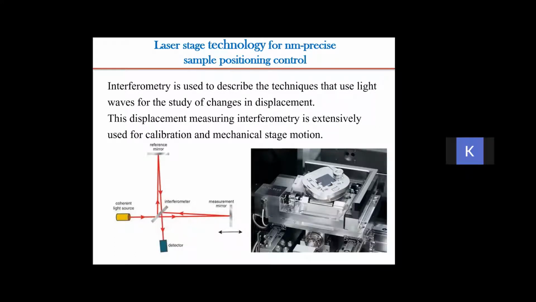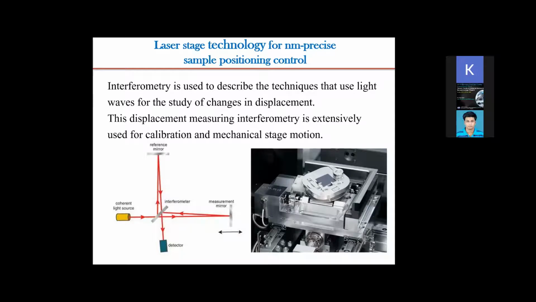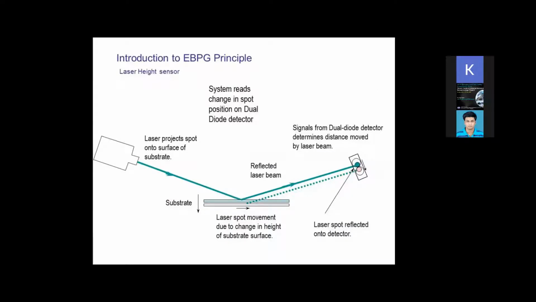And another thing is that how much you have moved also has to be calculated very accurately, and for that laser stage technology is used, basically using the concept of interferometry. That calibration has to be done using interferometry, and then you can move the stage using the feedback from the interferometer and have precise control over it. So you can have X, Y, and Z control by using this laser interferometer.